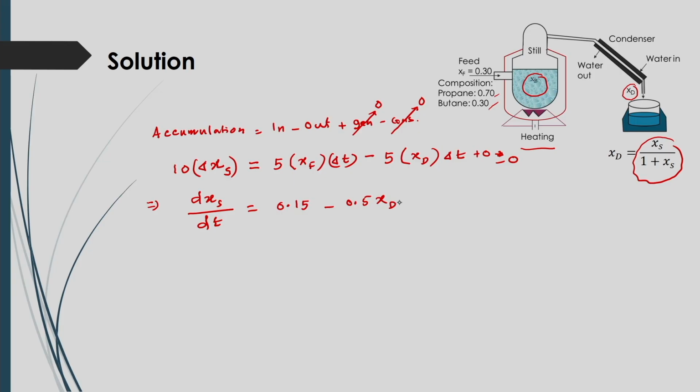Why 1.5 here? Here xf is 30%, that is 0.30. So 5 into 0.30 is 1.5. Sorry, this is 1.5.